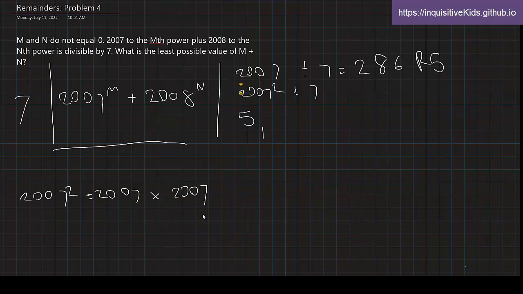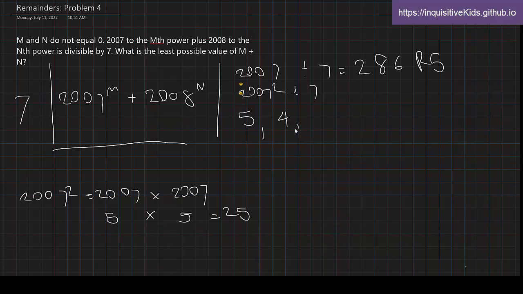So if the remainder we get after 2007 is divided by 7 is 5, and this is also 5, we just multiply those two together and we get 25. But it doesn't make sense to write 25 as a remainder of 7 because 25 is greater than 7. So we can get 4 because 25 minus 21 is equal to 4.